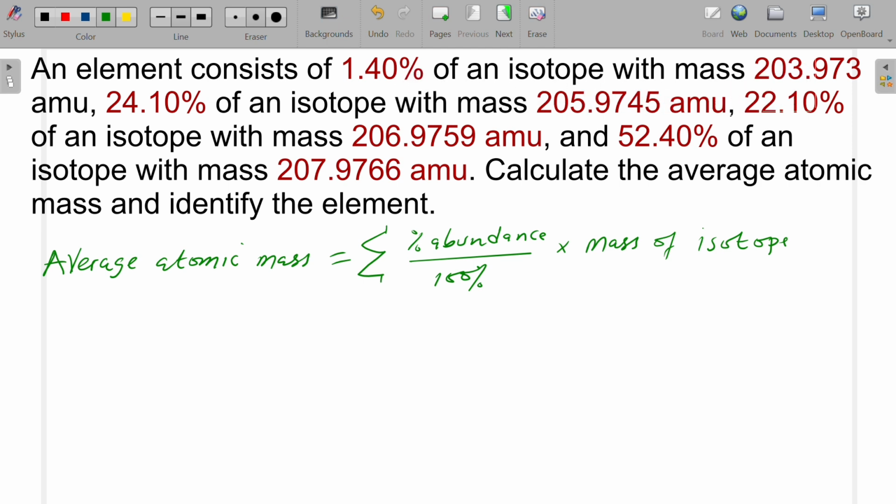Then we have another one with 24.10%, and its mass is 205.9745. And we have another one that has 22.10%, and it has got a mass of 206.9759. And we have the last one with a percentage of 52.40, and it has got a mass of 207.9766.